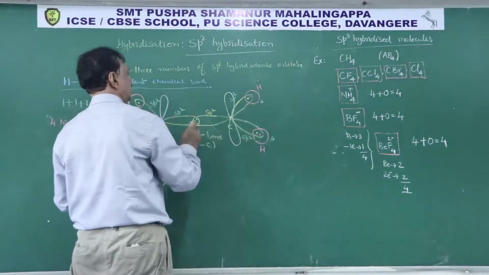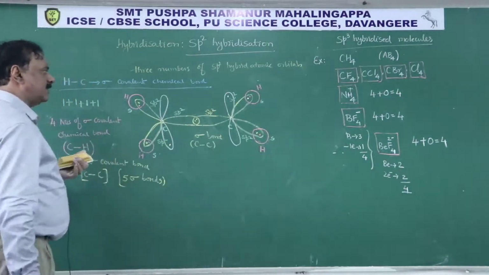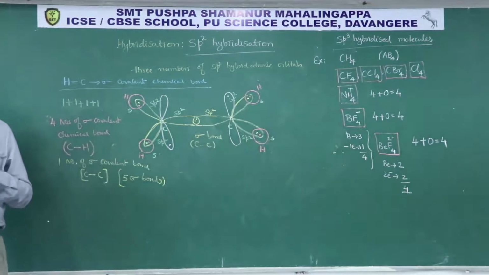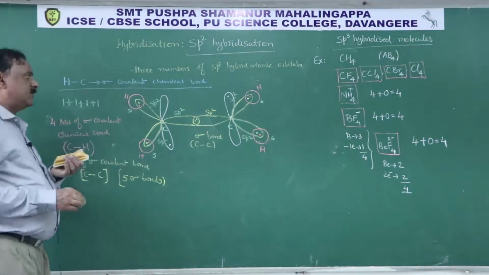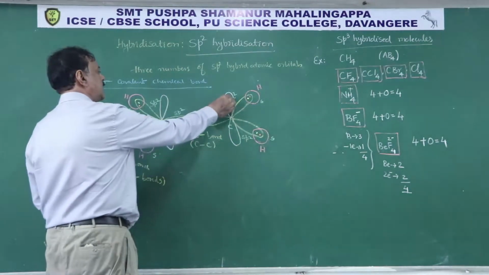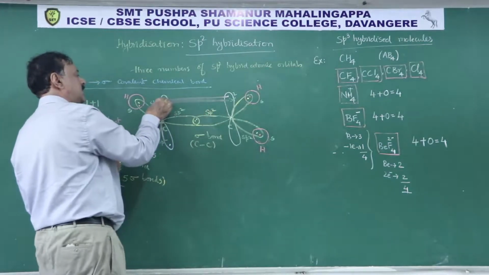Is it clear? Whether the electron is present on the top side or the bottom side, whatever it may be, the pz atomic orbitals are perpendicular to each other. Therefore, they are not along the axis. During the covalent chemical bond formation, lateral overlapping occurs.